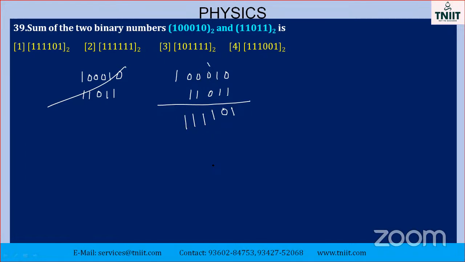So what is the sum of these two? 110101. That is there in the first option, no? 110101. It is binary operation. Please remember, under binary operation 1 plus 1 is 10. It is not 2.